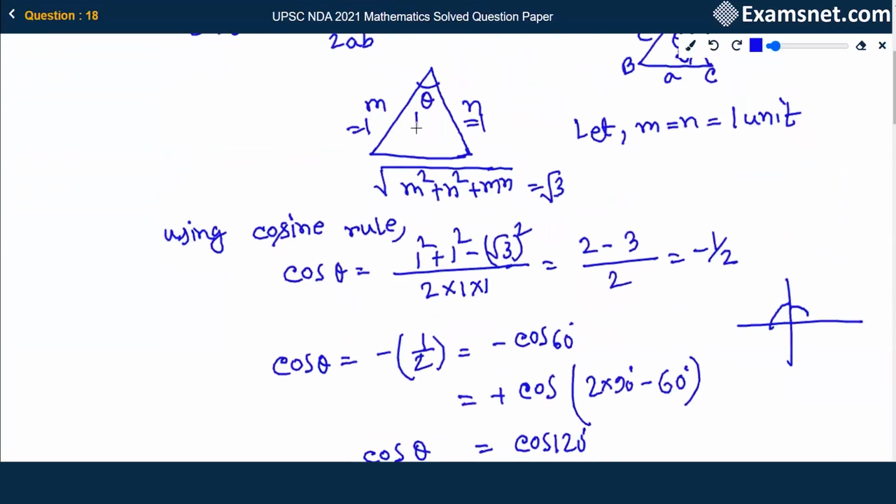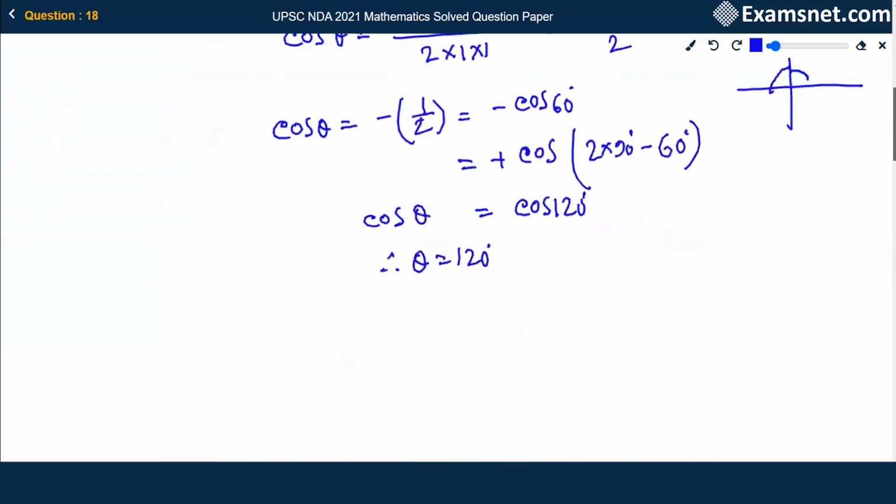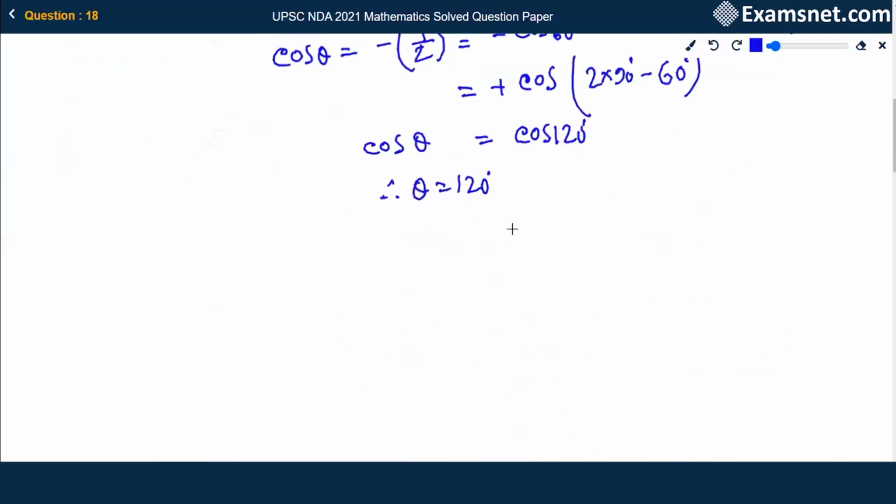So this angle is 120 degree, correct? Now if we have one angle, we can get the sum of the remaining two angles from the angle sum property. Since this angle is obtuse, obviously the remaining two angles will be acute angles.